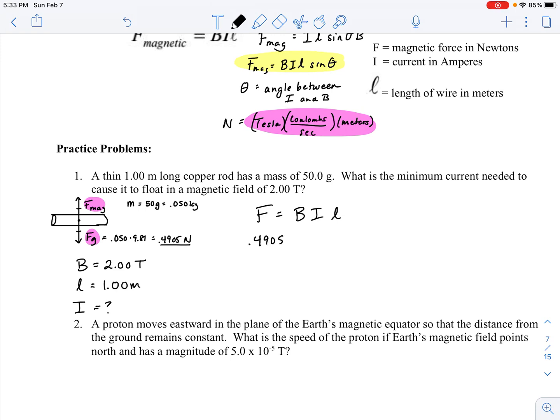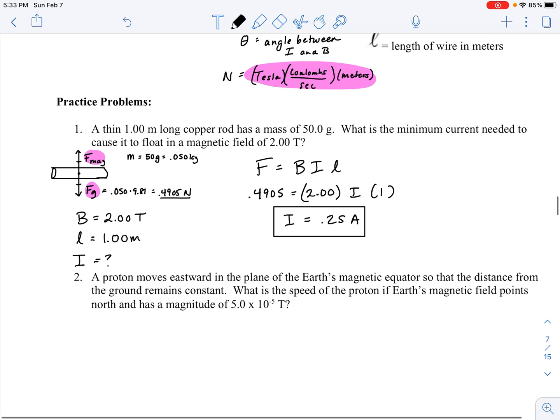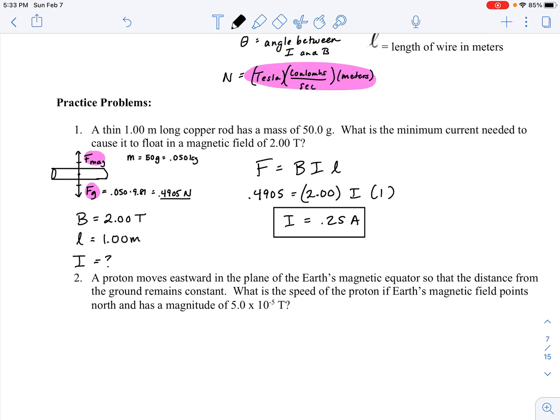The force that I need is 0.4905. The magnetic field is 2. The current is what I'm looking for, and the length is 1. And when I solve this, I get a current of 0.25 amps. Okay, so mathematically, maybe not too hard, but it's learning all the variables and thinking through the physics of the physical setup. Let's try another one.